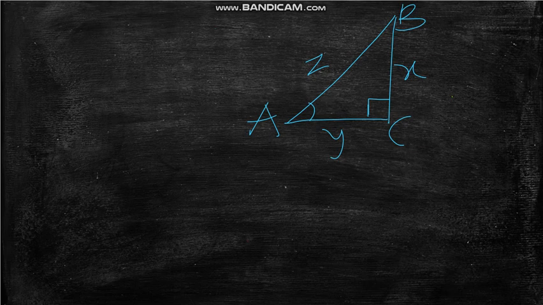If we look at this right angle triangle, the side AB is the longest side, and the longest side is called the hypotenuse. I'm sure we've learned that before. Then please take note of what I want to say now.